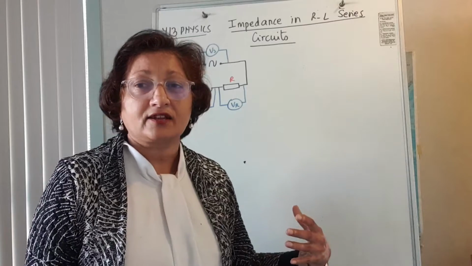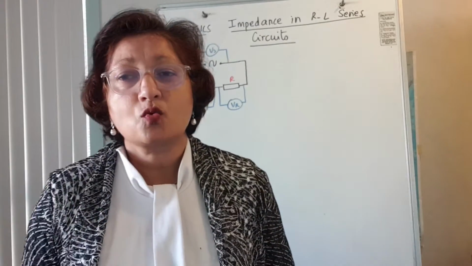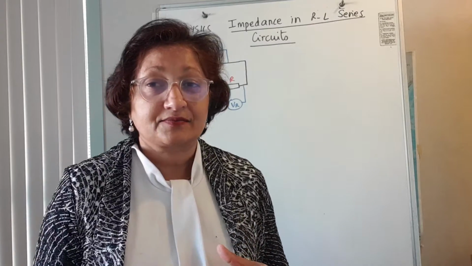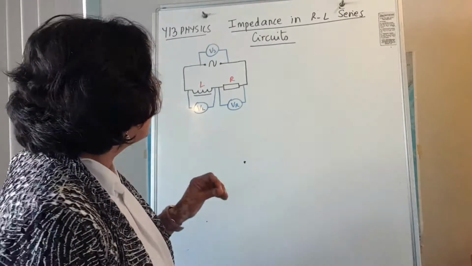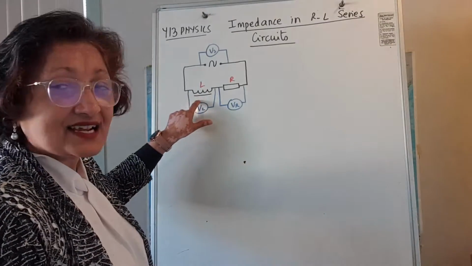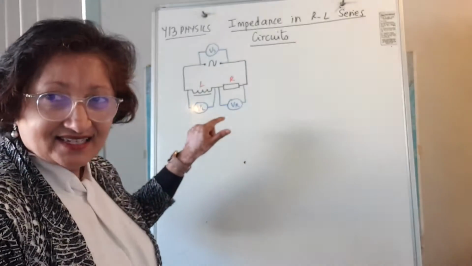Because in order to calculate the current, we need to know the supply voltage and the total current limiting effect. For the resistor, you have resistance, and for the inductor, you have reactance.